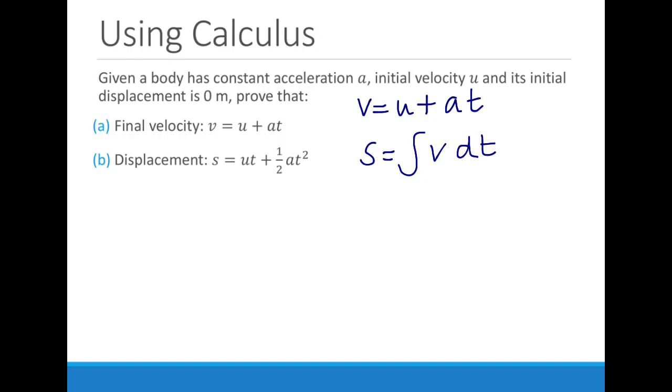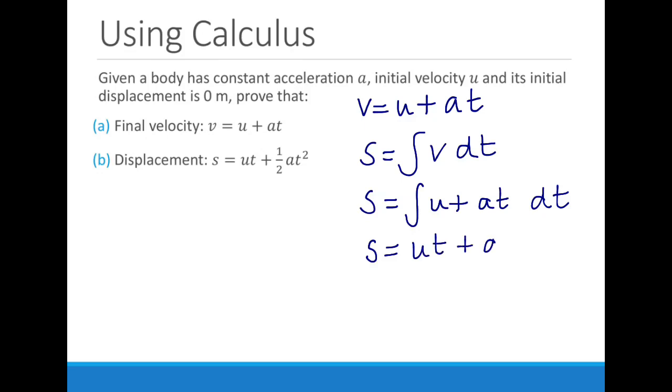So I now can put in here that s equals the integral of u add at with respect to time. So I'm going to integrate u plus at with respect to time. So using my great integration skills, I end up with that. And what mustn't I forget?